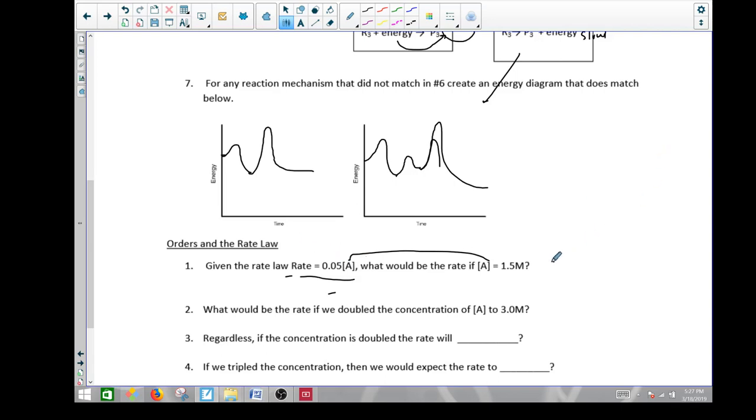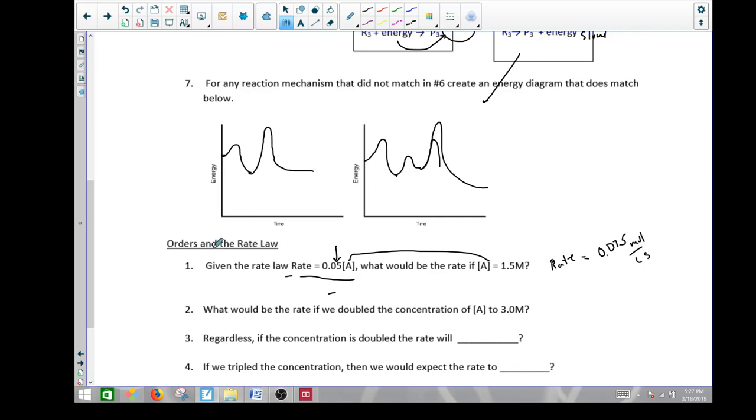So the rate equals 0.075 moles per liter per, it doesn't give us time. Okay, so some unit of time, let's say second. We would normally get that time from this guy right there.